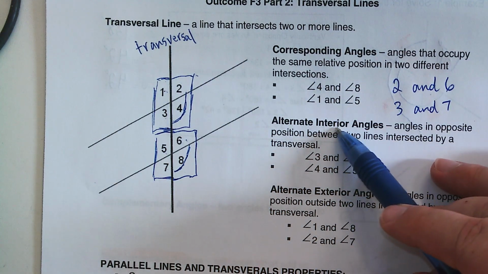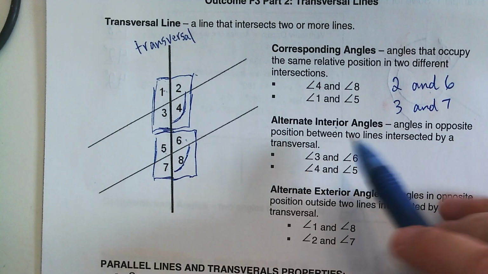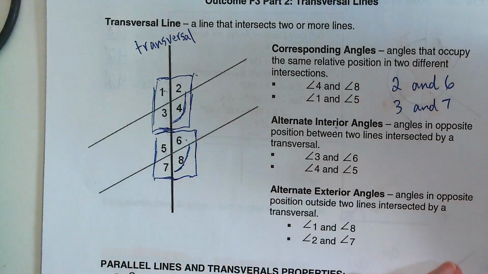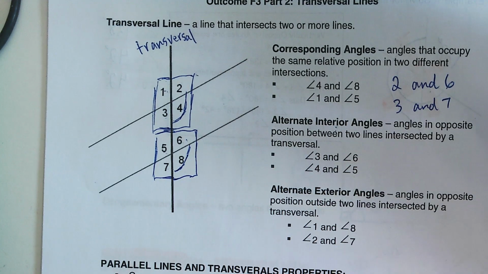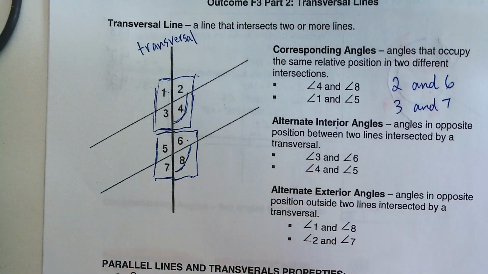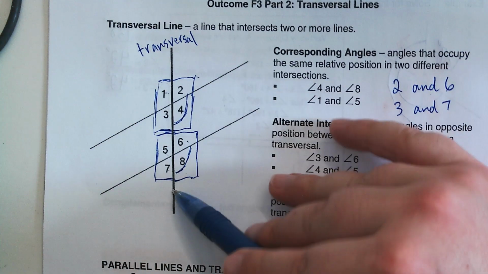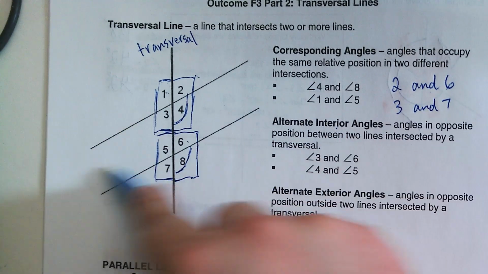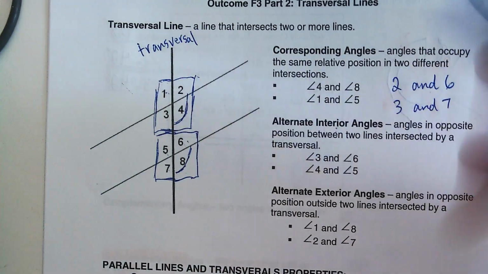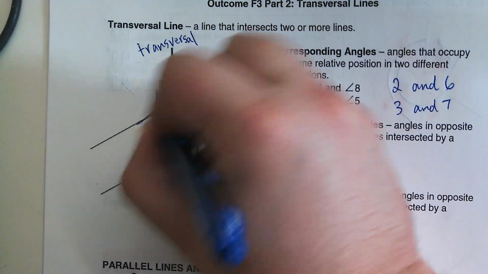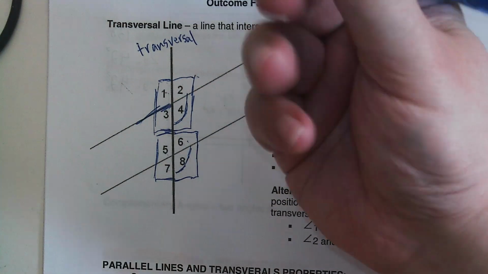Alternate interior angles are angles that are in opposite position between two lines intersected by a transversal. Now that's a lot of technical mumbo jumbo, but the whole idea behind it is whenever you have a transversal and you have two lines crossing that line, always try to look for a Z shape, because we live in Canada.